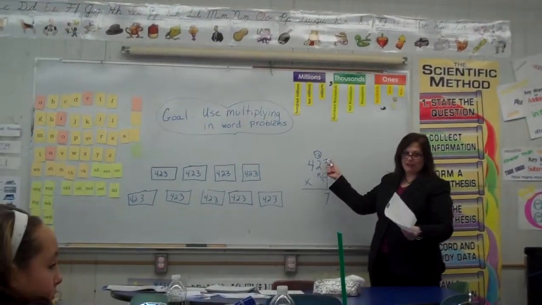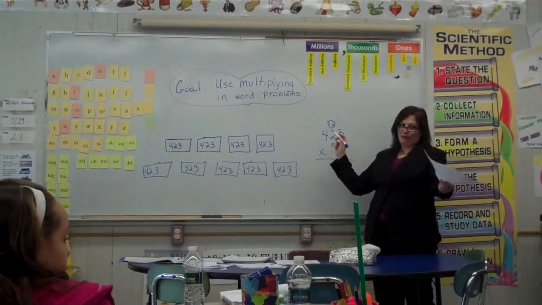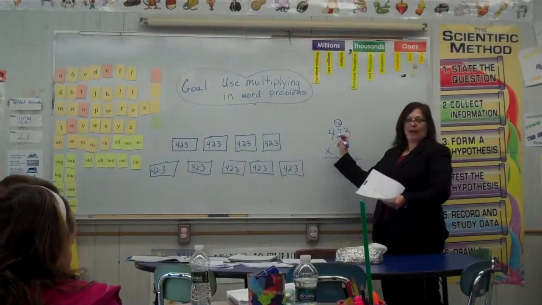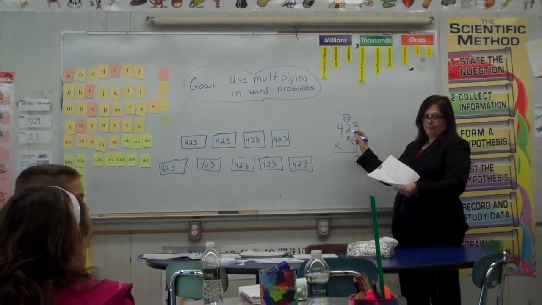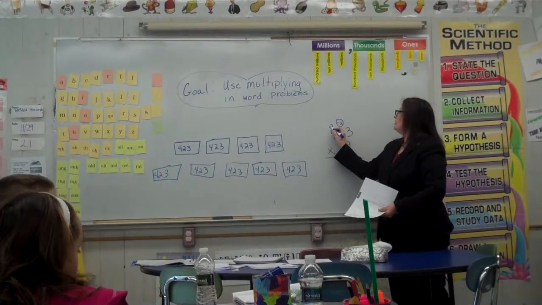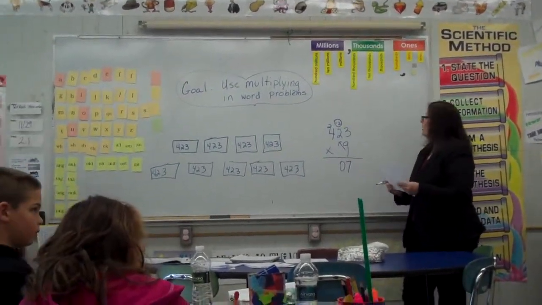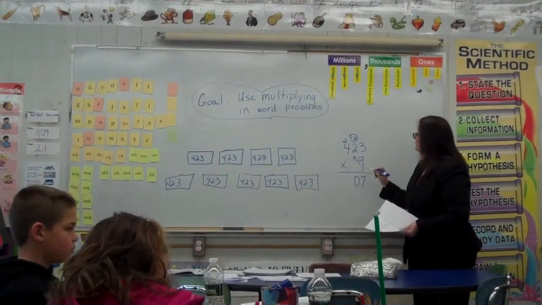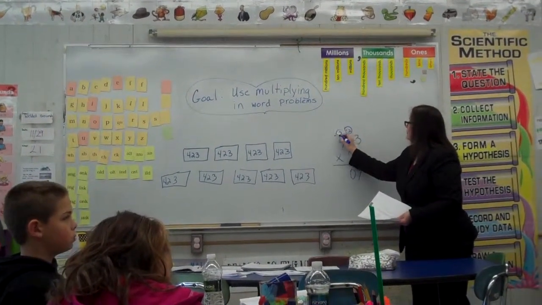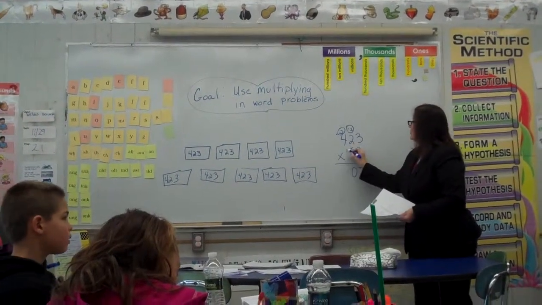Good. And then what do we do? You got it. And that equals good. So then how do we write that? You put the 2 on top of the 4. Good. Put the 0 next to the 7. Beautiful. All right. Now what, Lewis? Then you add 9 times 4. You got it.